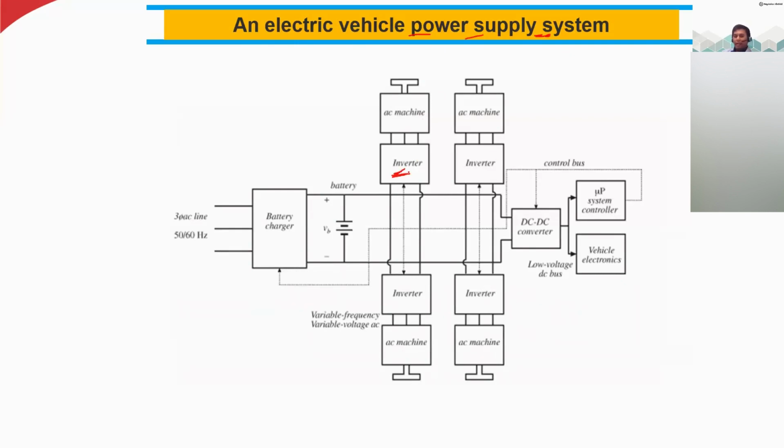Here also we have the inverter. Inverter means it's going to invert DC to AC. That's what I made a mistake about just before. I said AC to DC. That's not an inverter. The inverter is doing only inverting DC into AC. And of course, we have different types of inverter circuits, and we have the DC to DC converter also.